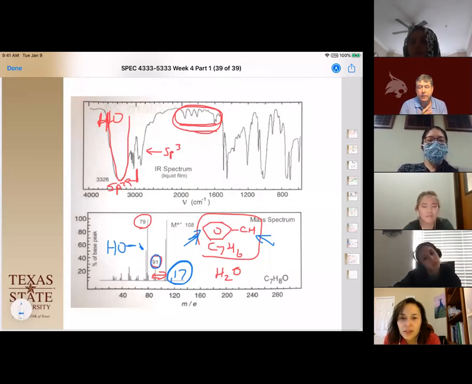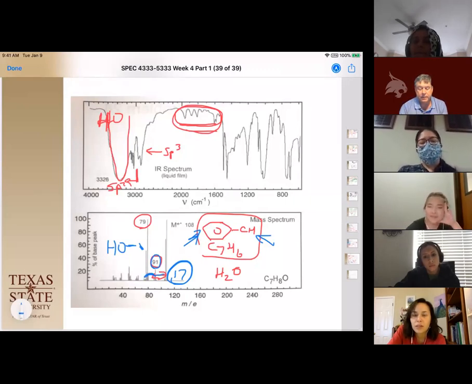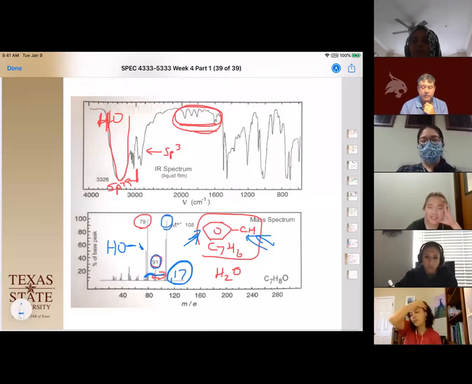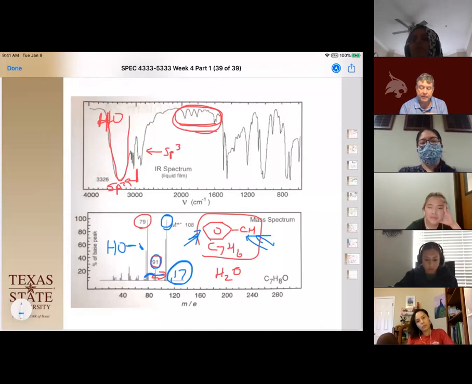Let's see. What hint can I give? I think it's on this right here. Although this peak kind of gives a strong indication it might be nice and stable. And I think having the oxygen here is going to help clip this off, making this 97 our greater fragment.